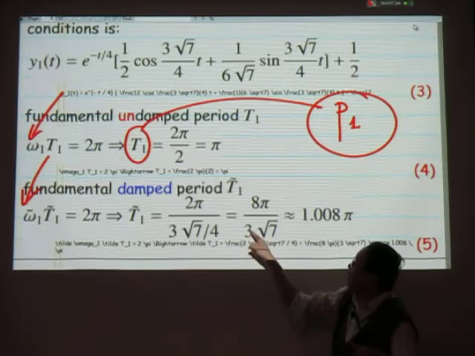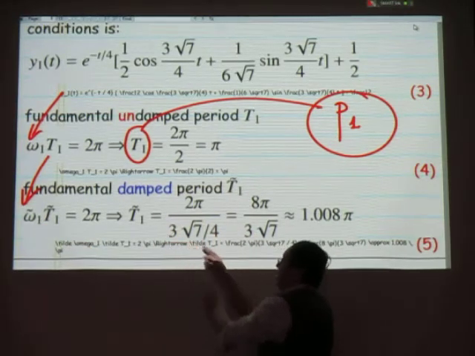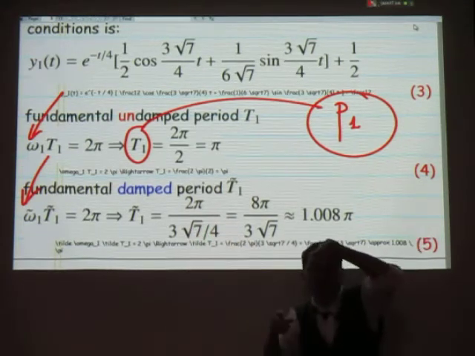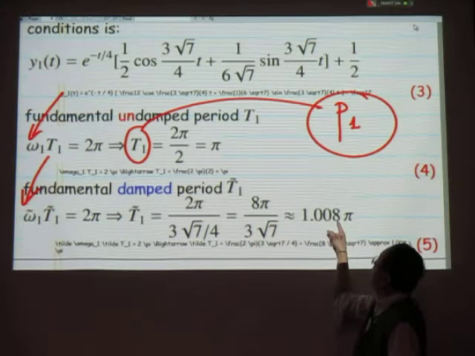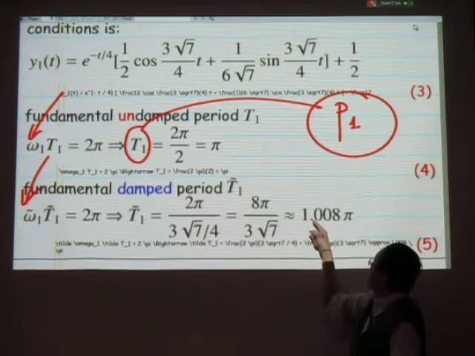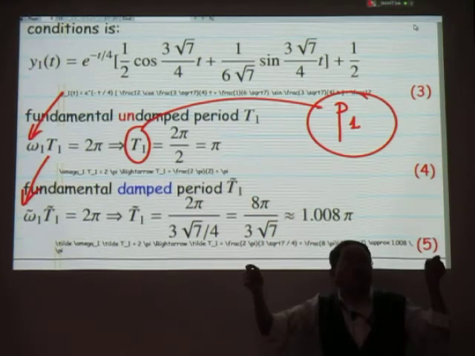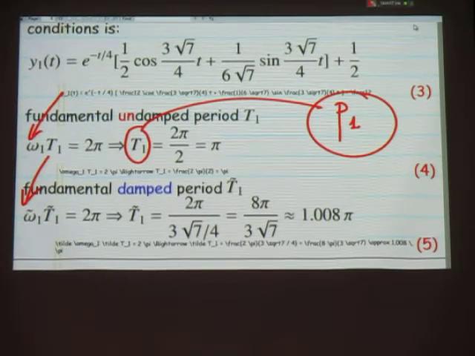Because you know the value of omega 1 tilde, 3 square root of 7 divided by 4, and 2 pi just because the circle is closed after one period, that's 1.008 pi. So it's just a little longer than the undamped period. That's the difference between the damped period and the undamped period, okay? That's the comparison here.